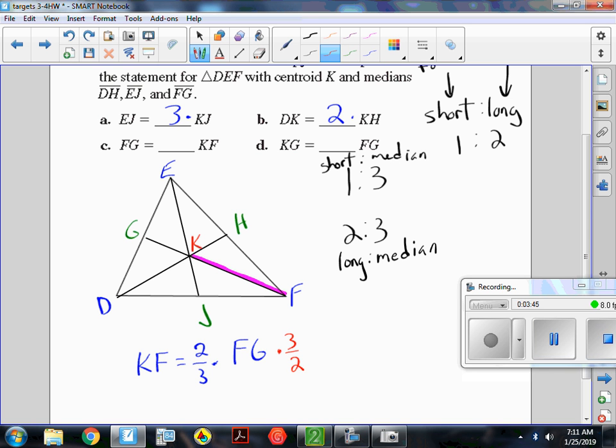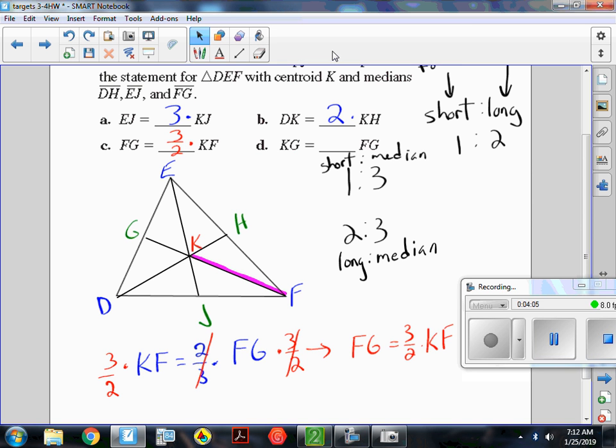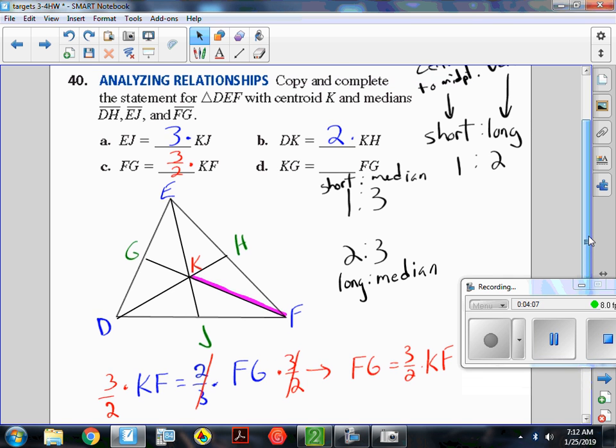So I multiply both sides by 3/2. 2/3 times 3/2 is 6/6, which is 1. And so this gives me FG is equal to 3/2 times KF. So I need a 3/2 times KF. Might have to go back and watch that again.